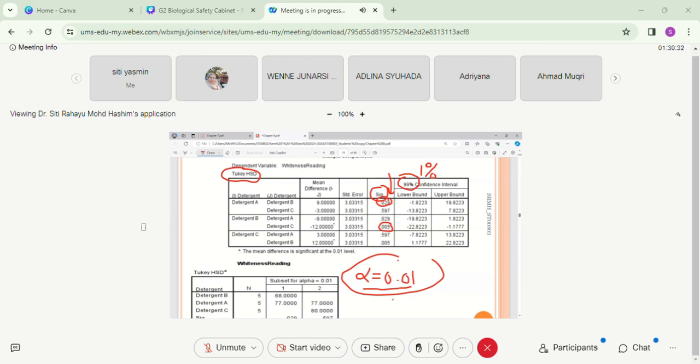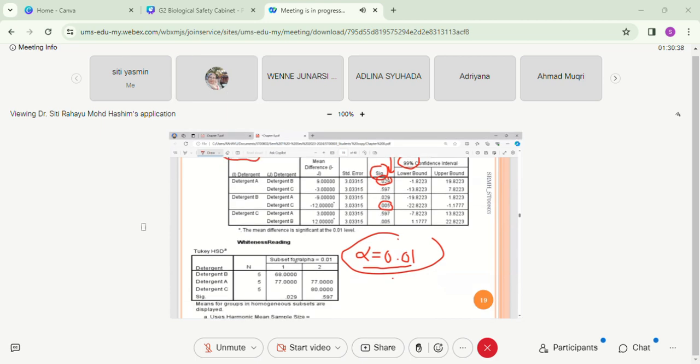So in this case, Tukey HSD gave you the homogeneous subset. It means that they actually group the multiple comparison result into groups here.